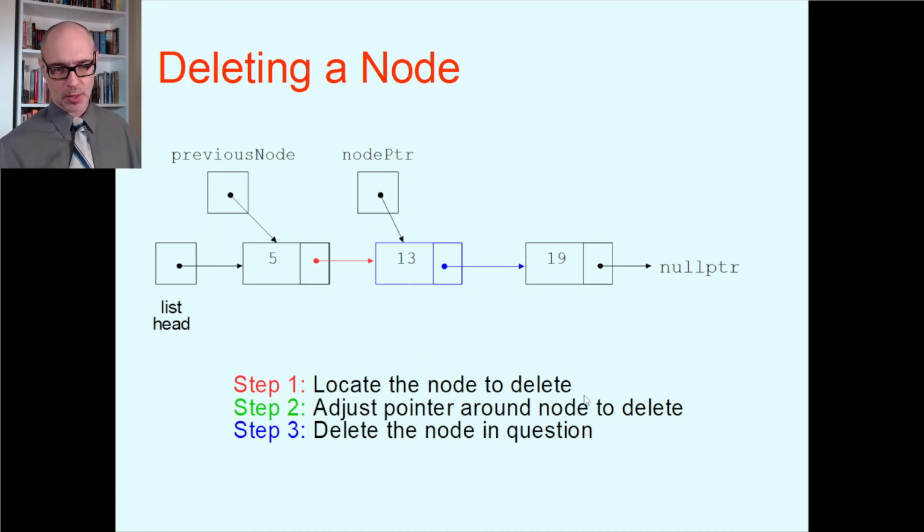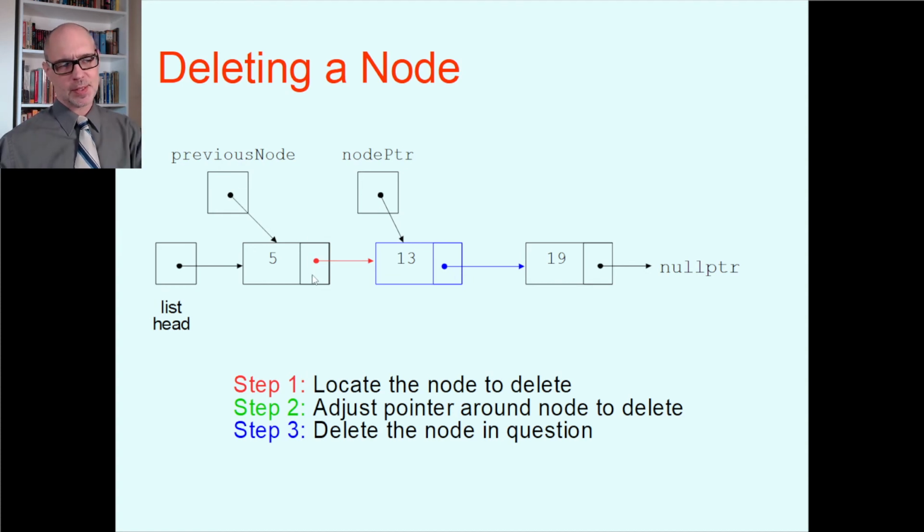Okay, so that's what I'm calling step one on this slide. And again, you have this previous node pointer that's just holding a copy of what the node pointer was holding a second ago, so it's pointing one node before. And so we found what we want to delete, this 13. So you go into step 2 here, and we adjust the pointer right before it around the node we want to delete.